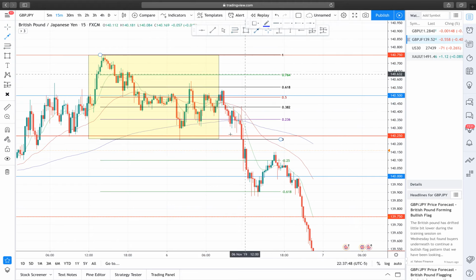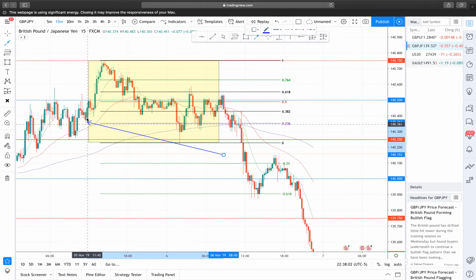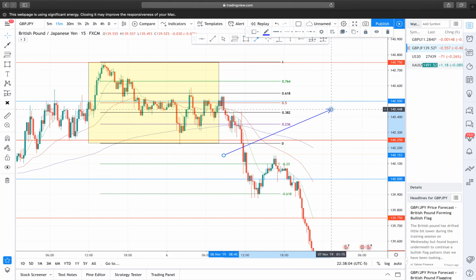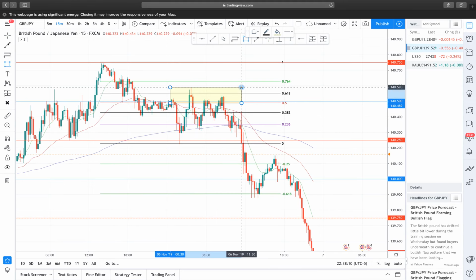Why? Because this push right here, this candle, closed under these candles. Didn't close under here, but it did close under here. So in this situation, you could have gone for the risky sell. Let's remove that. Let's highlight the 50 zone.